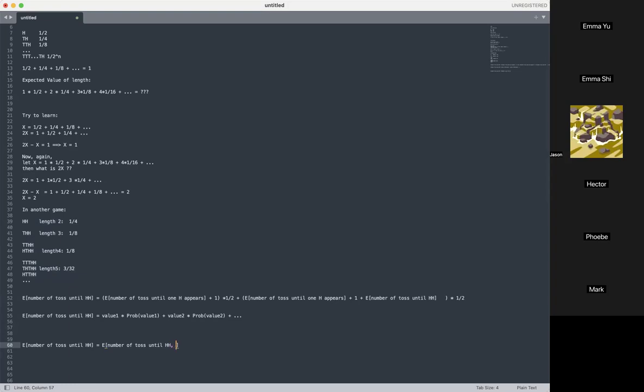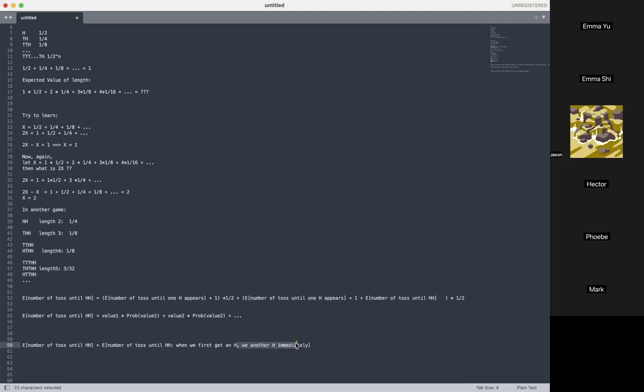But in this case, when we first get an H, we get another H immediately, right? So you get an H and you get another H. It's like you get a lot of T and suddenly 2H appears, right? So we are calculating the expected number of tosses when this happens.